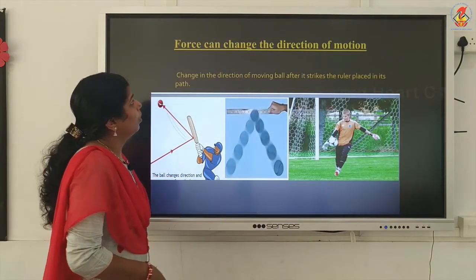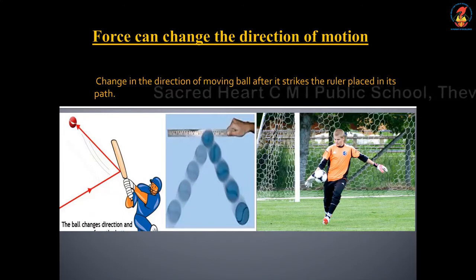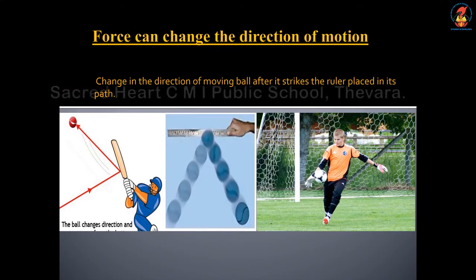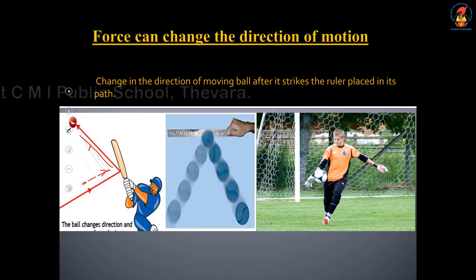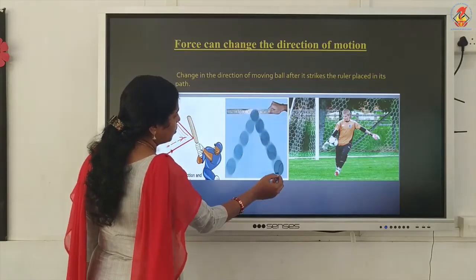Third one, the force can change the direction of motion. Here, this is the direction of the motion. This ball is coming in this direction. It will hit the bat and it changes the direction. Then, here, a ruler is placed and we are moving a ball.